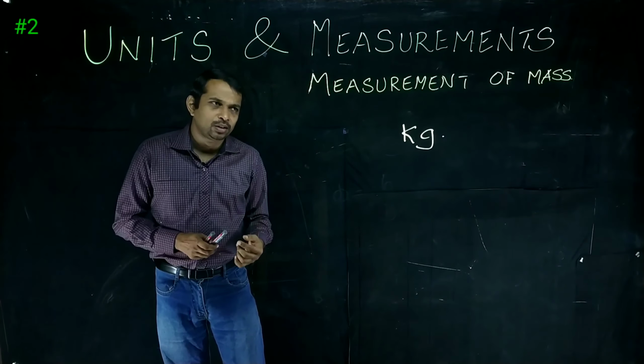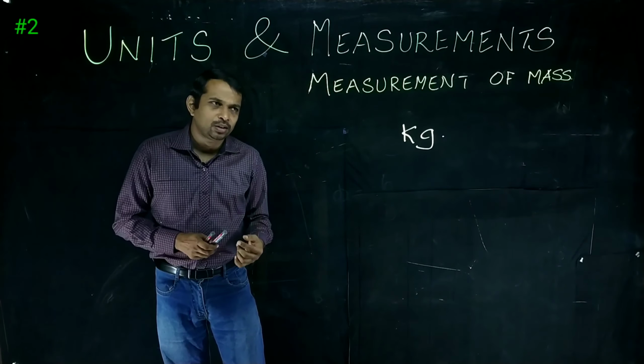So for that, our scientists have come with another unit called AMU. AMU stands for atomic mass unit, okay, and 1 AMU is the mass of 1 C12 atom divided by 12.